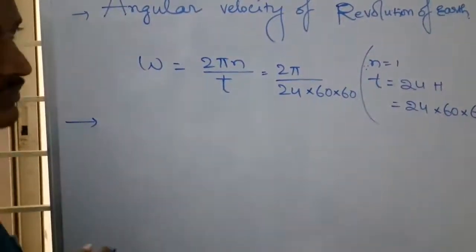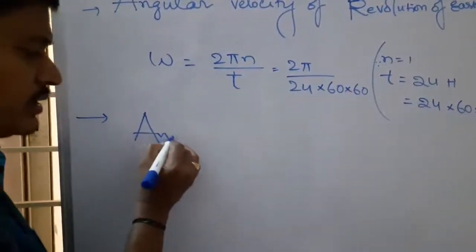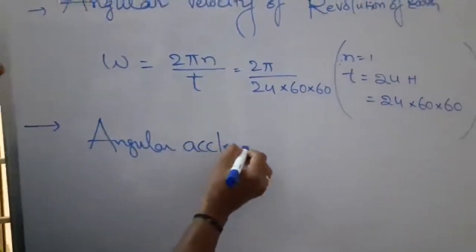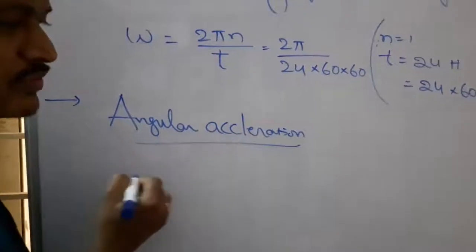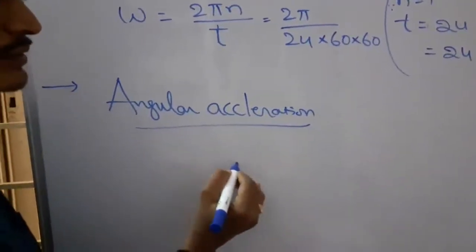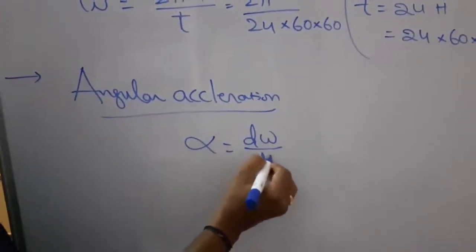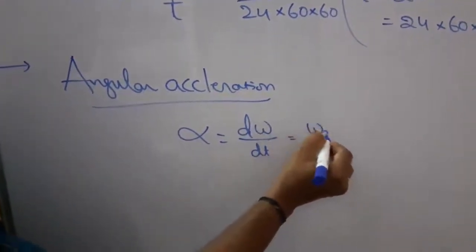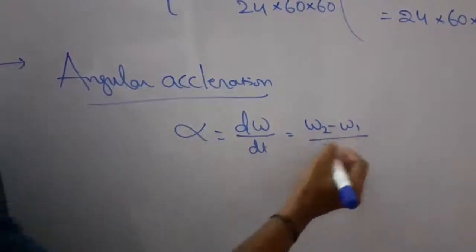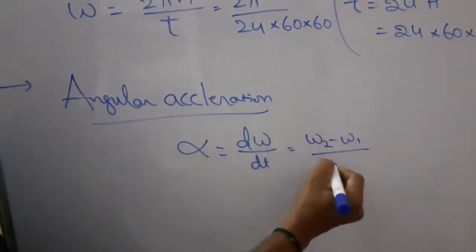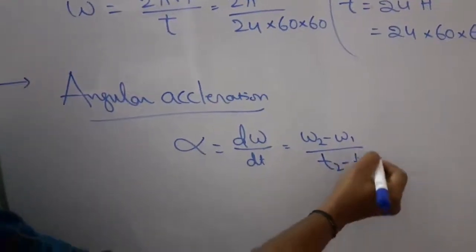Then, angular acceleration. Angular acceleration is nothing but the rate of change of angular speed, d omega by dt, meaning omega 2 minus omega 1, the final angular speed minus the initial angular speed, in time interval t2 minus t1.